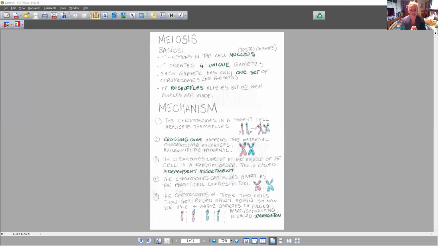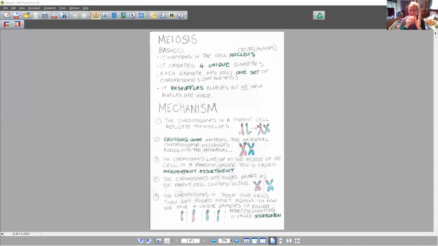The reason your sperm or egg has only 1 set is that during fertilization, the sperm and the egg fuse together, and that creates the full amount of genetic material you need to function properly. So you get the 2 sets when fertilization happens. Meiosis creates 4 unique gametes, and each gamete has only 1 set of chromosomes, so 1 allele for each gene.